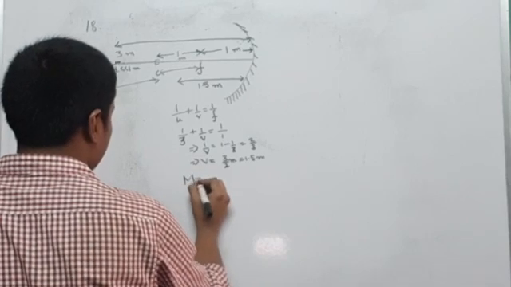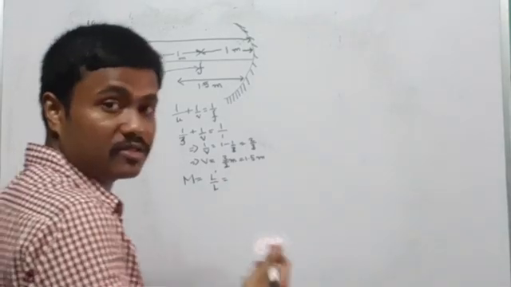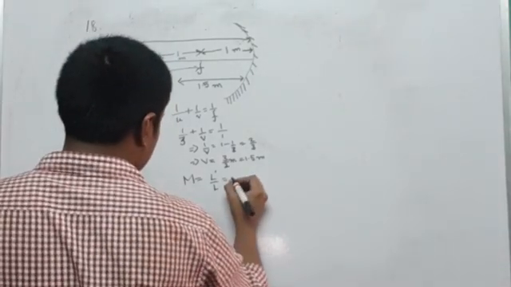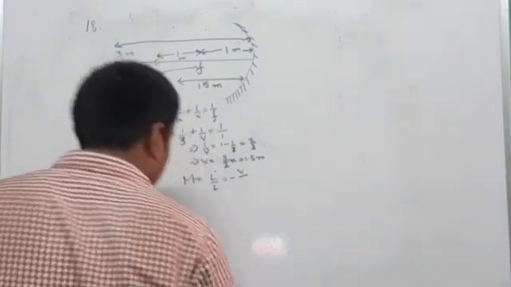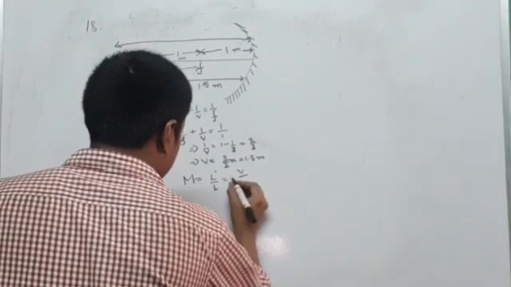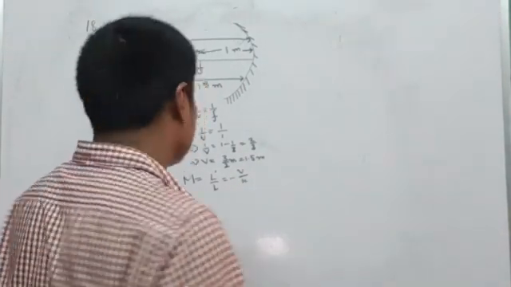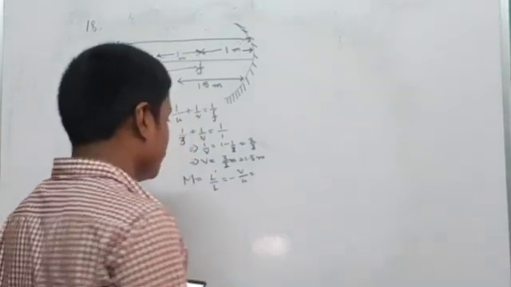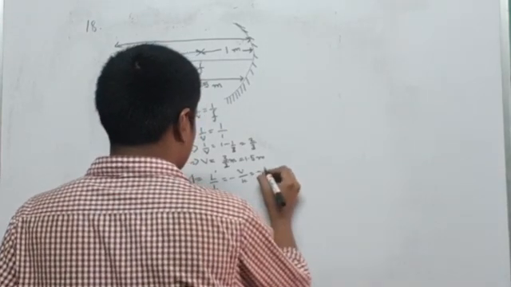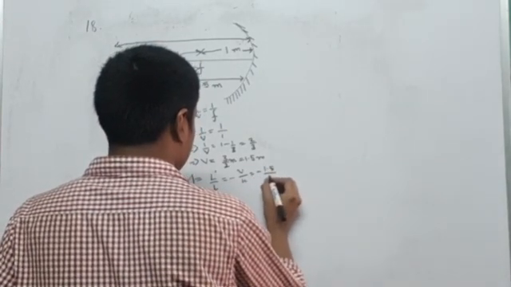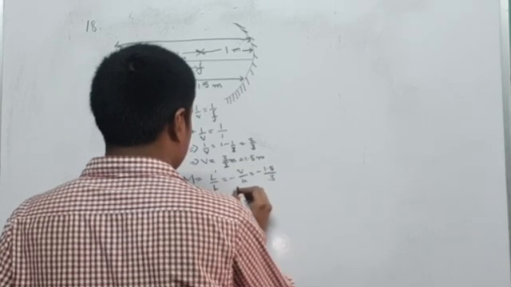And we need the magnification, which is the ratio of the image distance to object distance. There is a negative sign because the image is inverted, and it is the ratio of the image distance to the object distance. So that should give us 1.5 divided by 3.